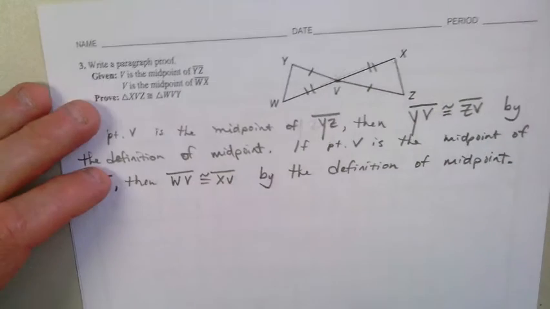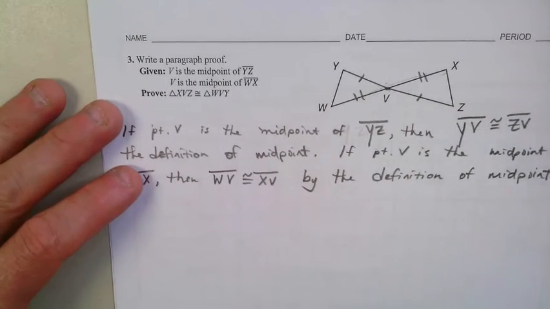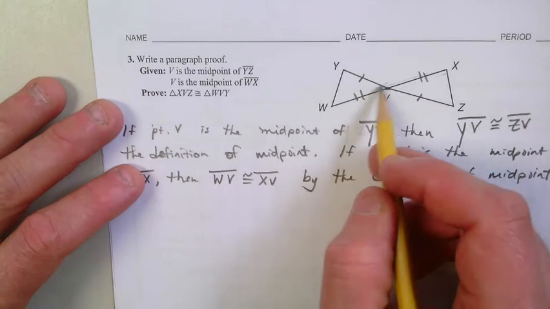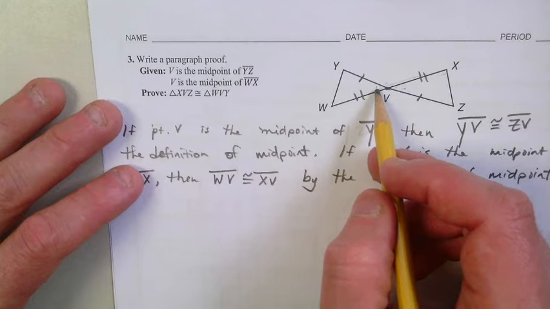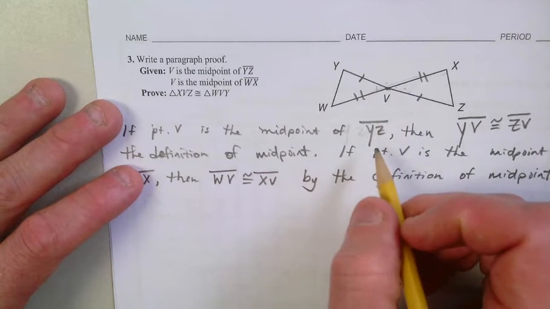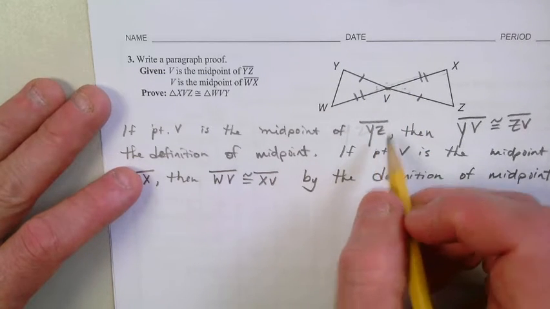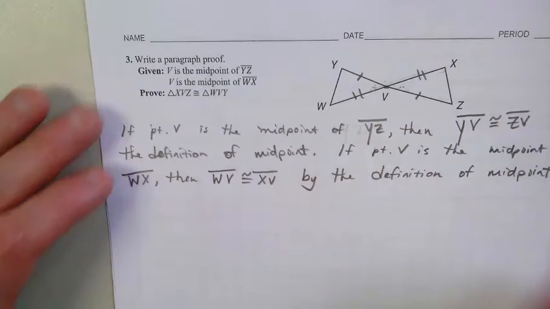Now, what else would have to be true? Well, I know that this angle has to be congruent to this angle. I want you to think for a moment, how do we know that those two angles are congruent? We've seen this in other proofs. What do we call those two angles?